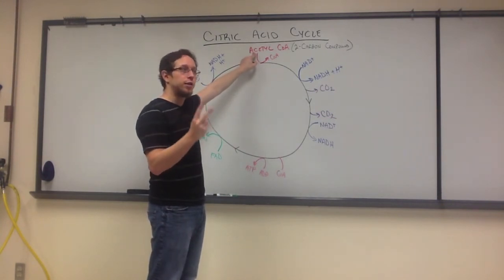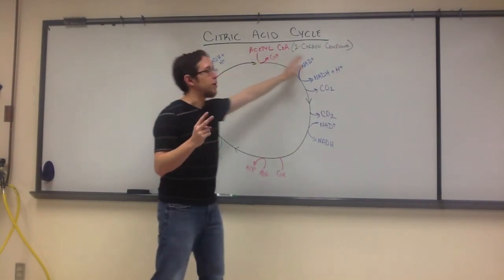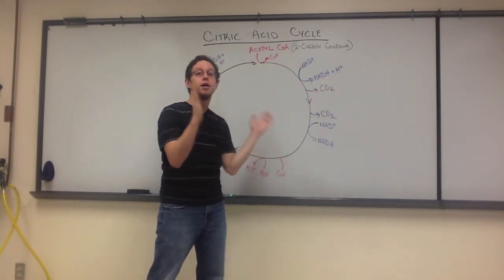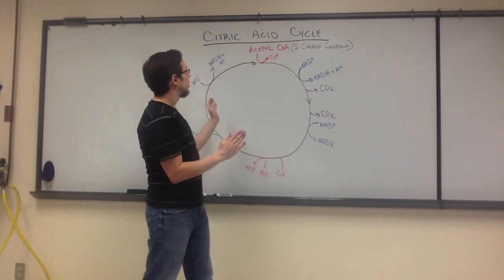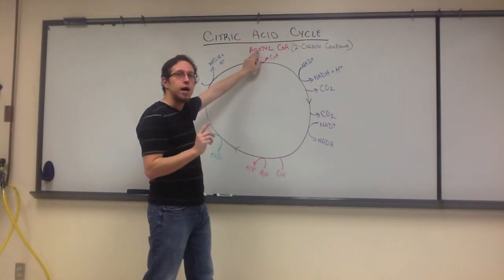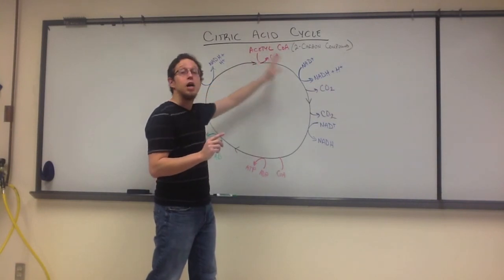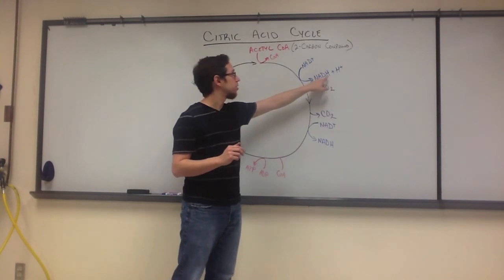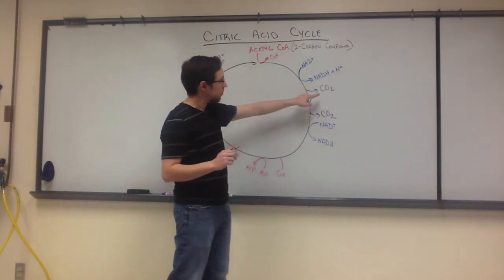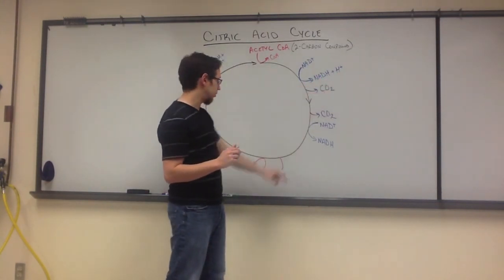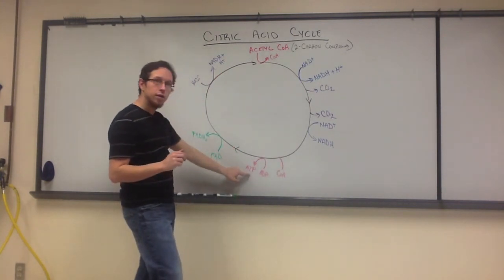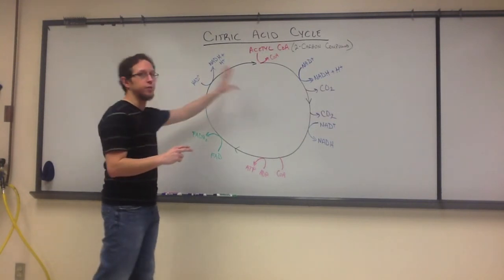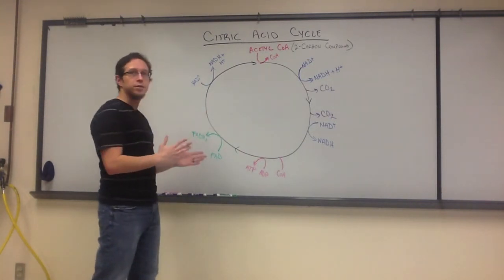So for 2 molecules of acetyl-CoA, we can double those numbers, which means for every 1 molecule of glucose that we split during glycolysis, by the time the pyruvates from that glucose are converted to acetyl-CoA, we can then produce a total of 6 NADH molecules, 6 protons, 4 carbon dioxide molecules, 2 ATPs, and 2 FADH2s in the citric acid cycle. So this is the citric acid cycle.